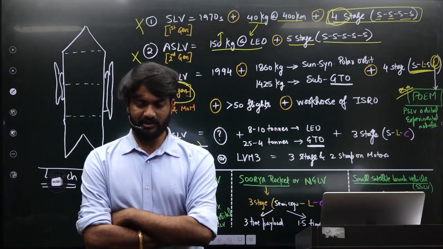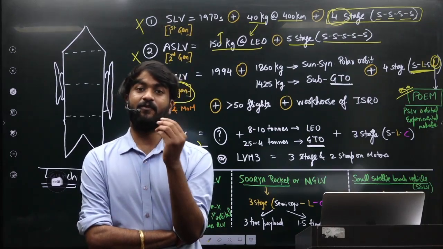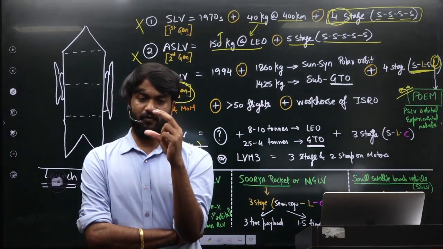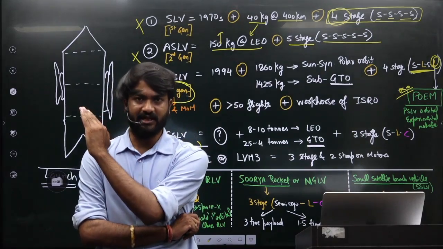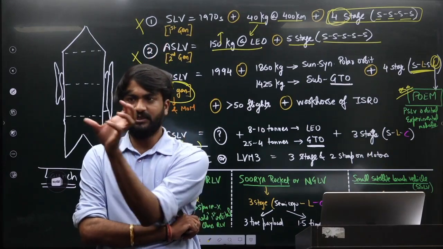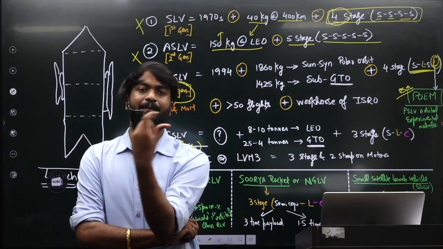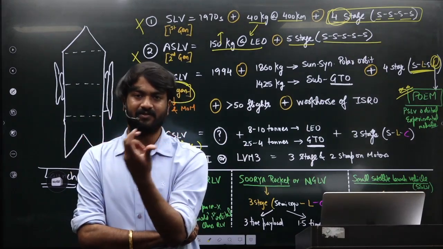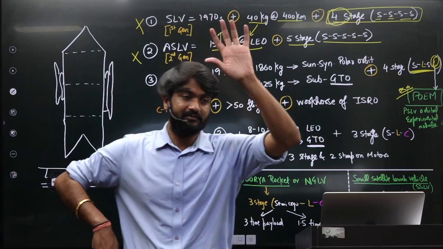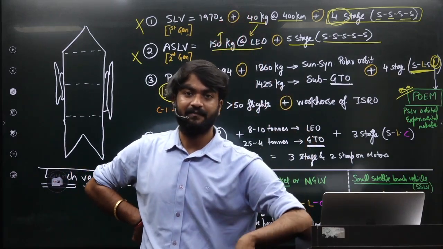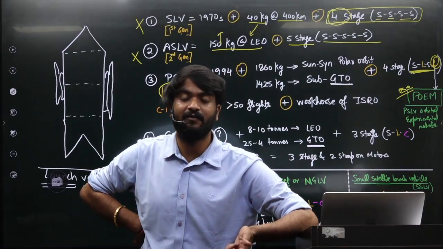So ISRO is augmenting some additional satellites with this fourth stage, so that whenever the fourth stage is detached from the entire launch vehicle, it is carrying some payloads, maybe of the private sector or from a research organization, which is not the real objective of the launch vehicle, so that we can utilize the fourth stage also in an experimental format.